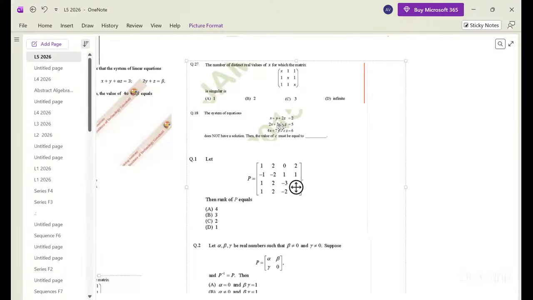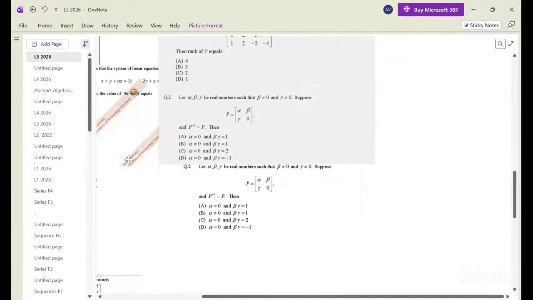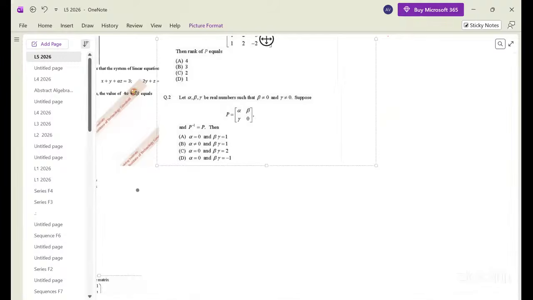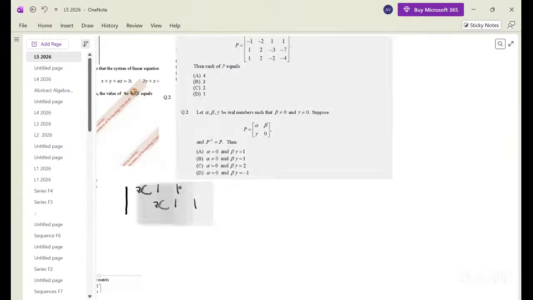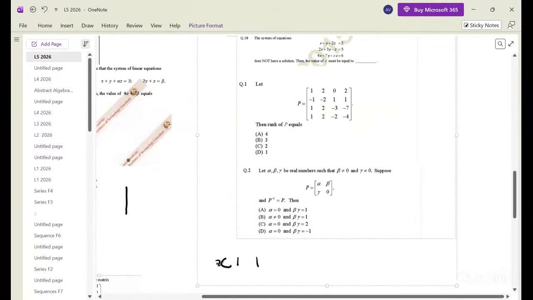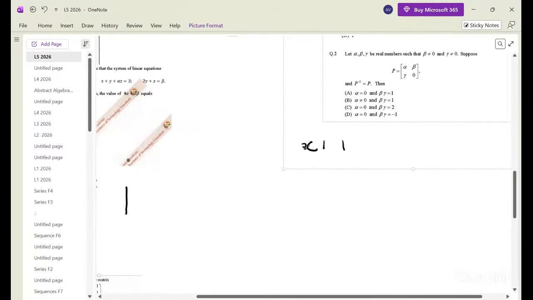Let us take this question. Determinant, you are given x 1 1, 1 x 1, 1 1 x. This is the question I copied.